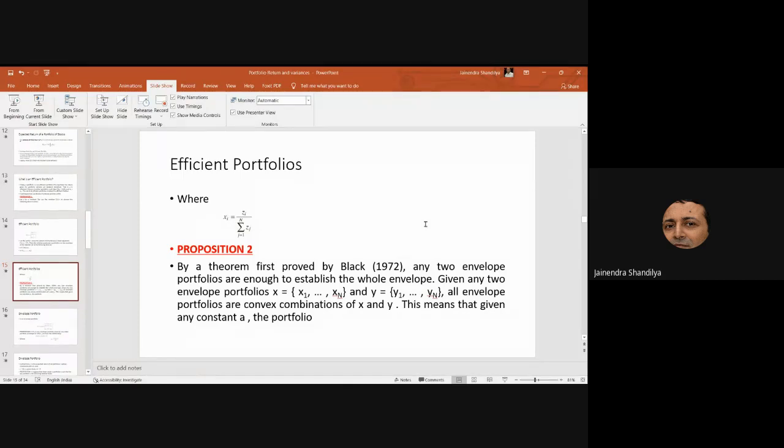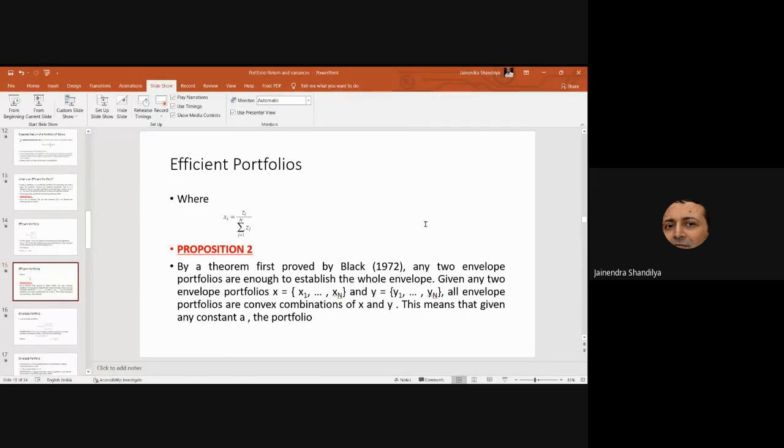You get Z by multiplying the inverse of matrix S, which is the variance covariance matrix, with the expected return minus C. Once you have Z, you have X easily, because you divide each component of Z by its sum, and then you get X. The moment you get X, you get one of the envelope portfolios. Done. And that's it. Rest all follows in a similar way.